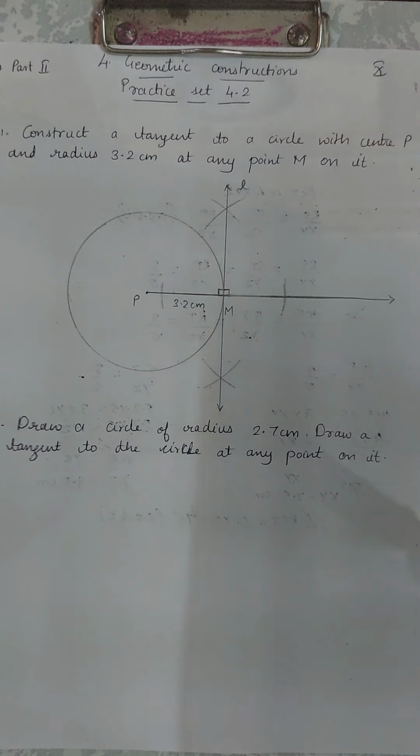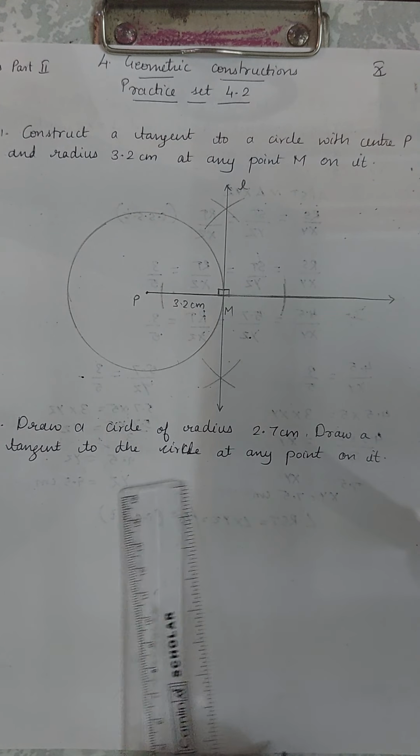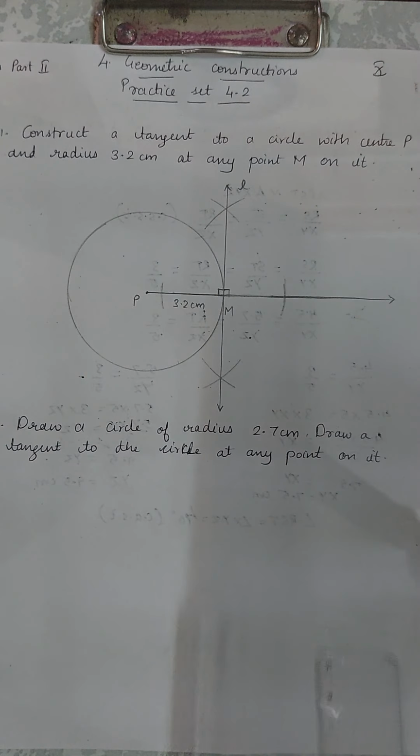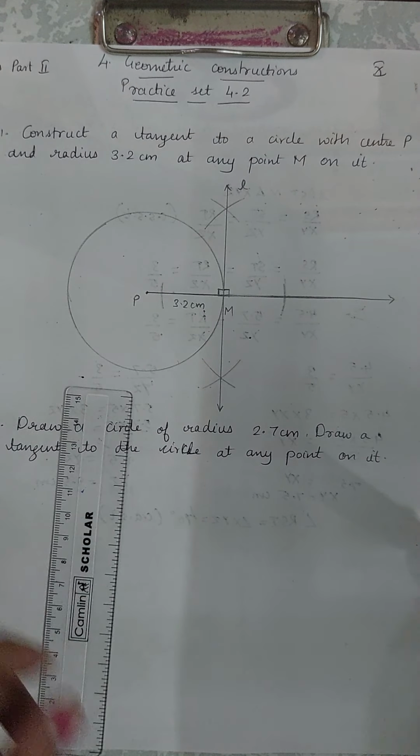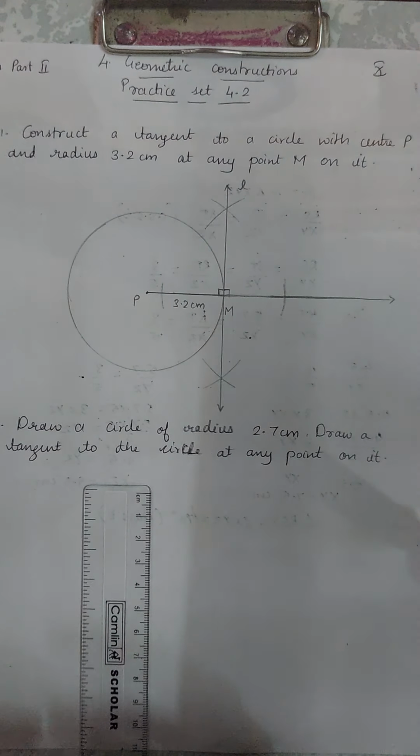Now the next question: draw a circle of radius 2.7 centimeter. Draw a tangent to the circle at any point on it. So the same type of question is given, nothing different, but here only the radius has changed. So what am I going to do? I am going to take the radius as 2.7.